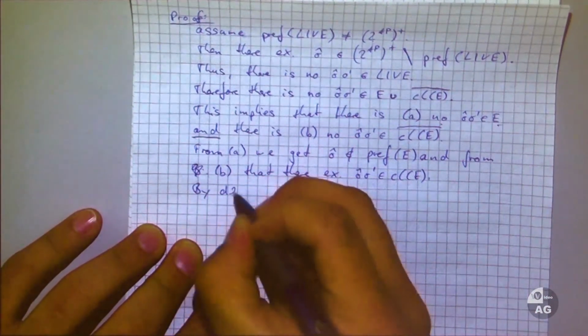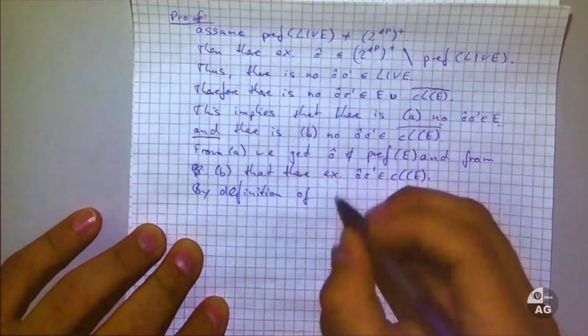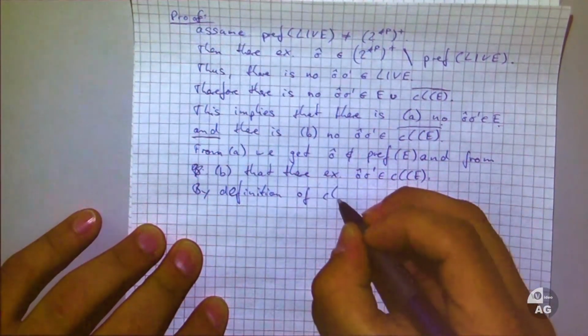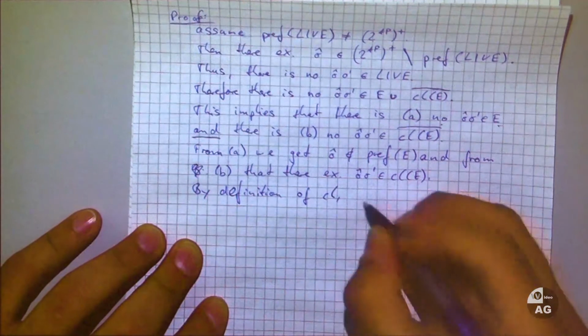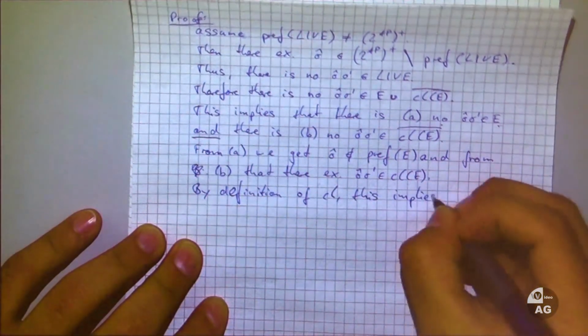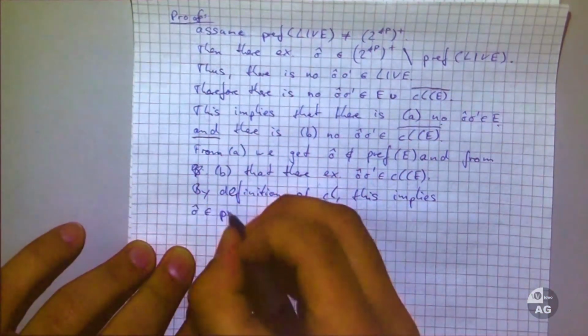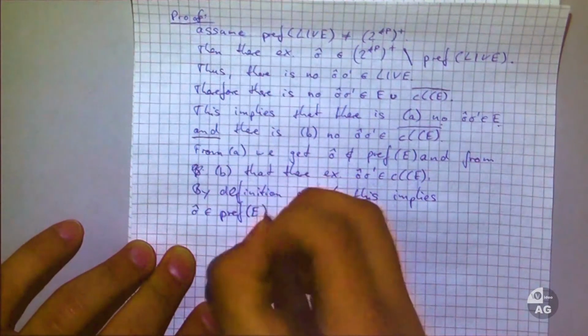But then by definition of the closure, this implies that sigma hat is a prefix of the property, right?